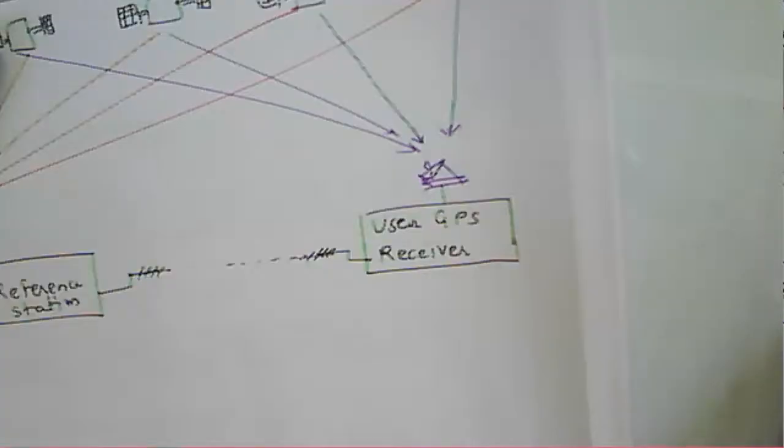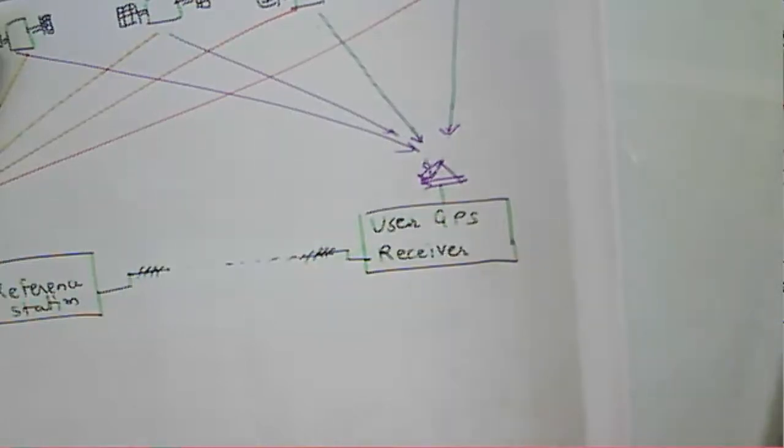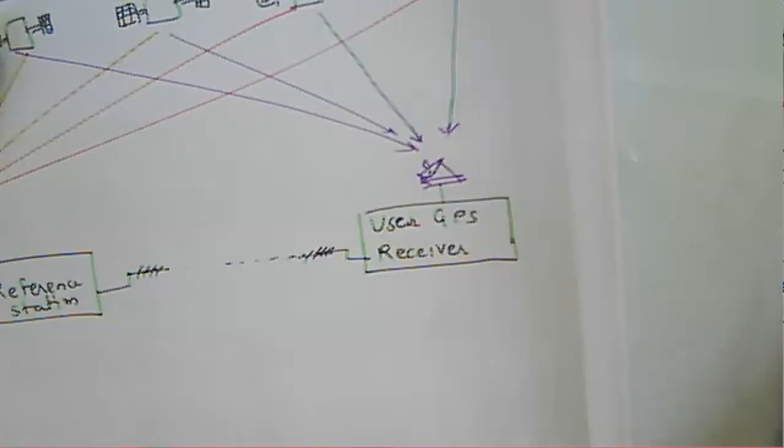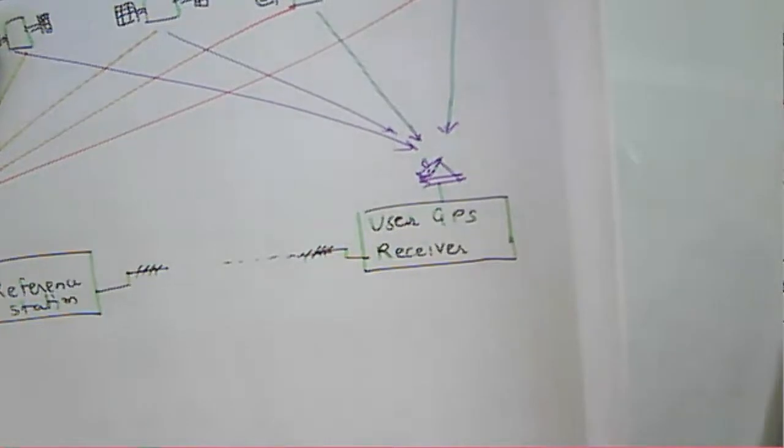The master control station processes the data, prepares the navigation message, and sends it to the uploading station, which is an antenna station.